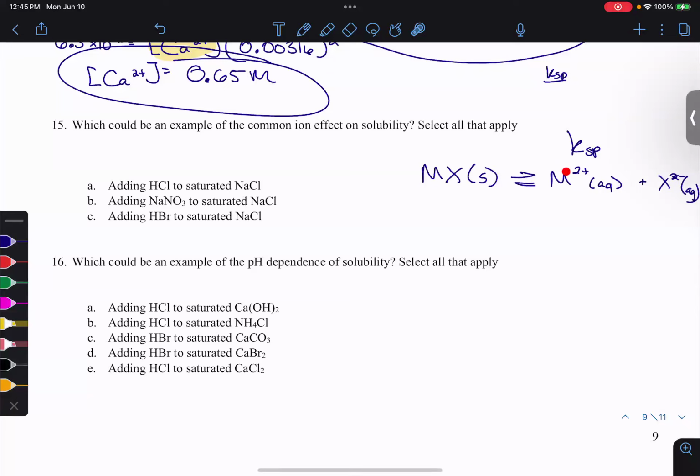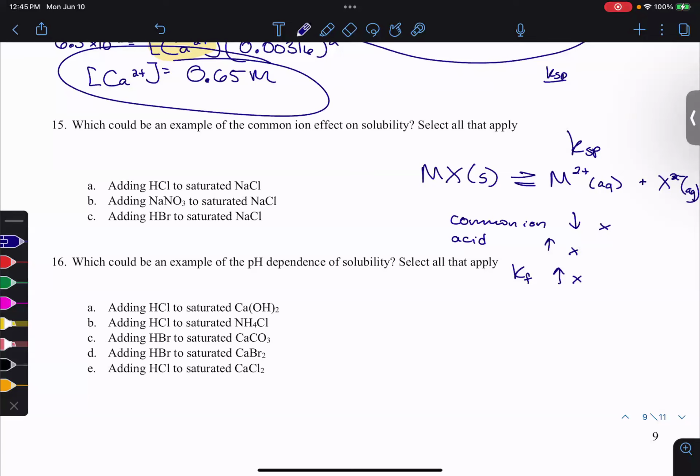We can do the common ion effect, where common ion always decreases solubility, and so it always decreases X. Adding acid usually increases solubility if your anion is a base. And then the last one is complex ion formation usually increases solubility.